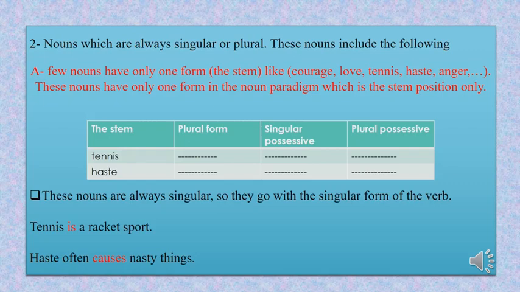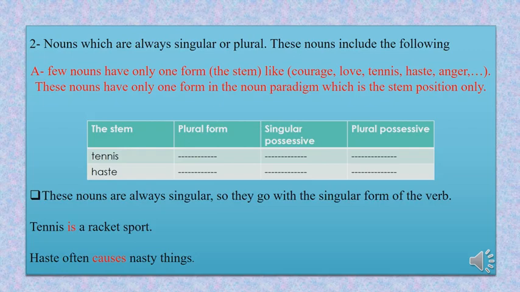These nouns include nouns like courage, love, haste, anger, games like tennis, etc. So they have only 1 form, the stem. Let's have an example. Tennis. Tennis is a game, it is the stem. We don't have a plural form for tennis, so the plural form is empty. It is inanimate, so we do not have a singular possessive or a plural possessive.